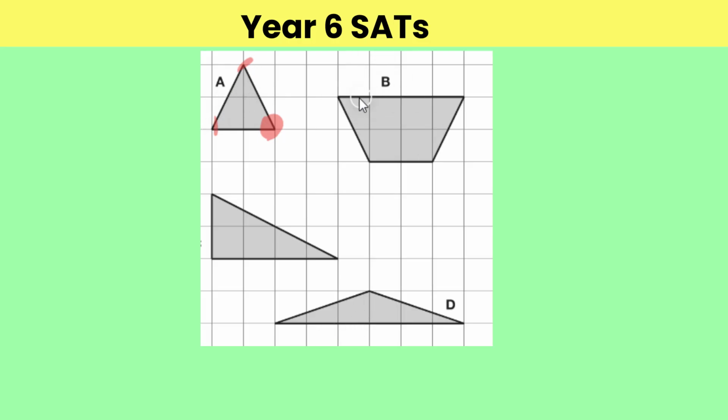In shape B, that's an acute, that's an acute. With a trapezium, we have a pair of acute and a pair of obtuse. So it's knowing a little bit about your shape properties, but also you can identify it from the drawing. This triangle, we've got a right angle here, that is acute, that is acute.